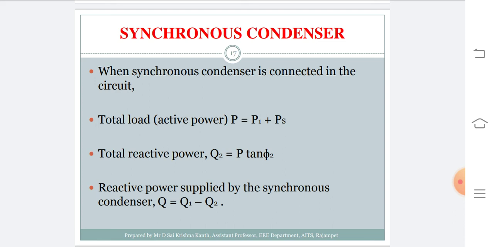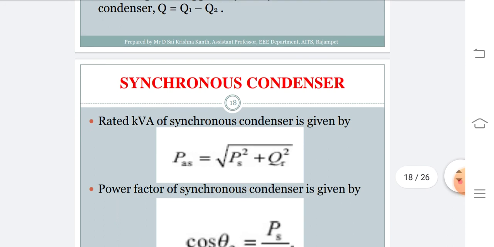But here we have termed P1 plus PS as P. So Q2 equals P tan φ2. So before it is P1 tan φ1, after it is P tan φ2. Whatever the difference, that difference of reactive power, Q1 minus Q2, is termed as Q, and that amount of reactive power is supplied by the synchronous condenser.